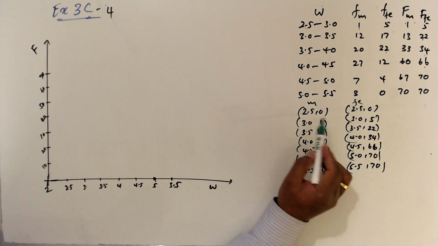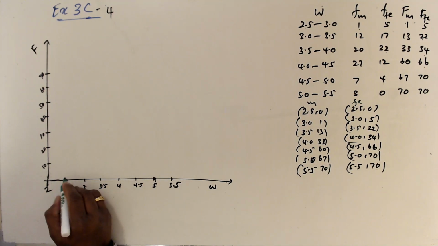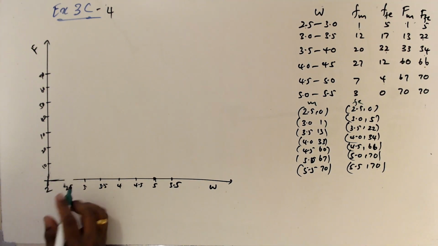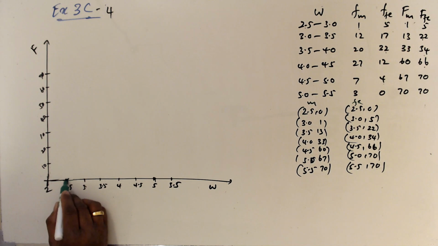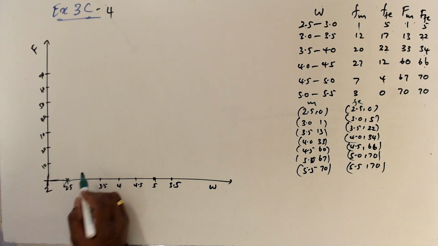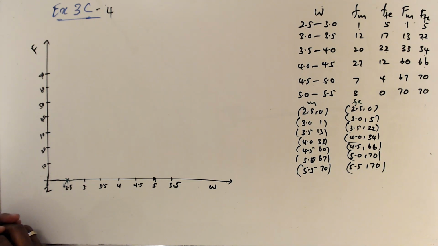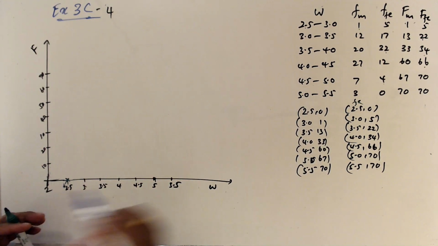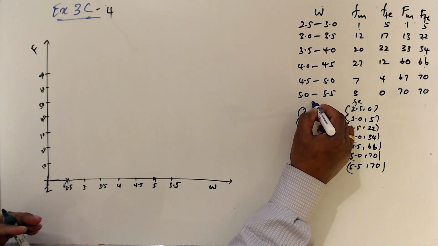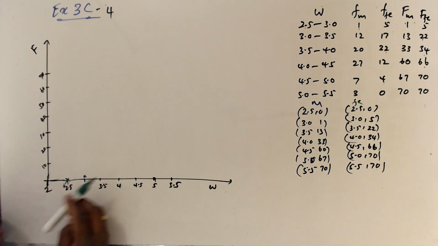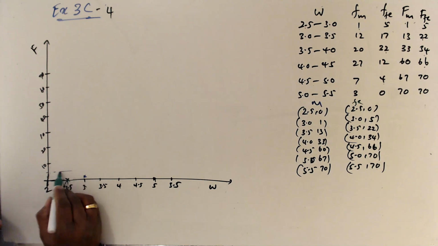We'll start both at 2.5, and we should not circle. And when it's 3, one is 1, the other one is 5. So male is 1, female is 5.